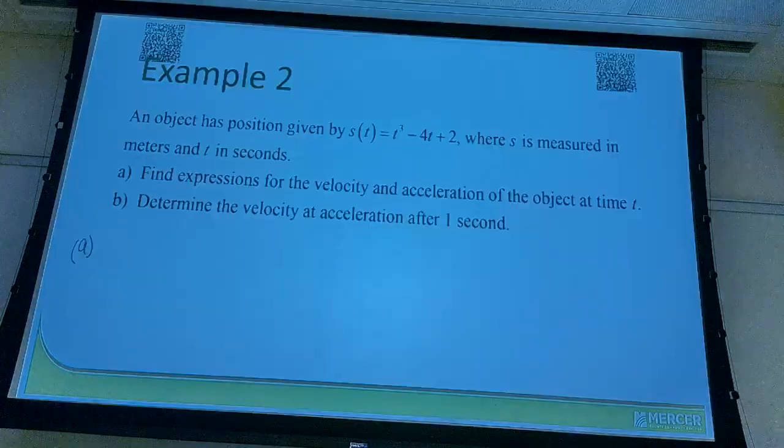So what is S dot? 3t squared minus 4. And what's that going to be measured in? Meters per second.